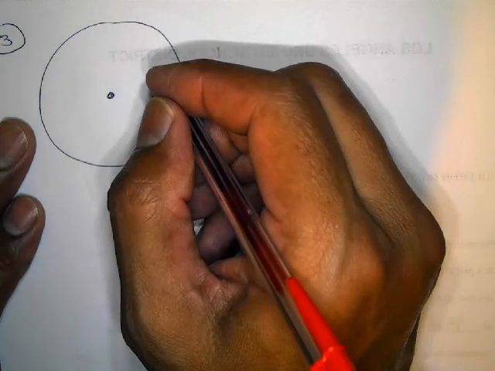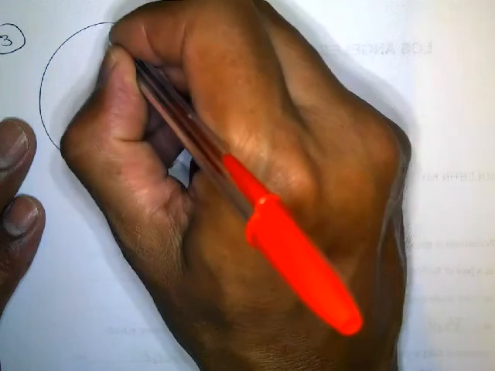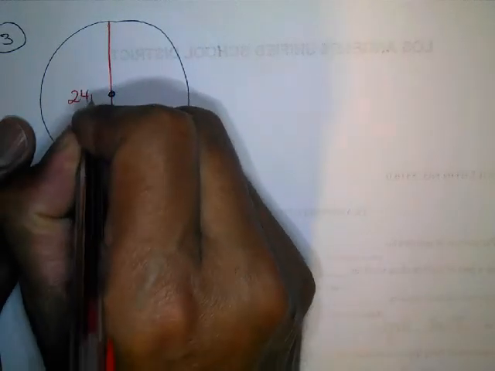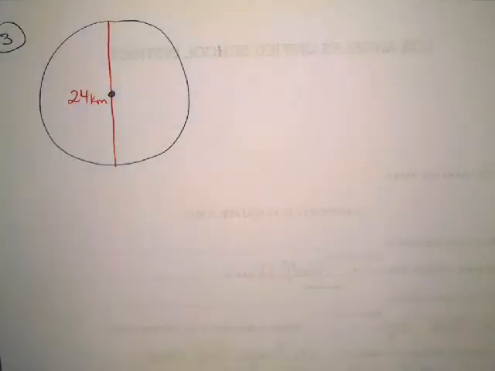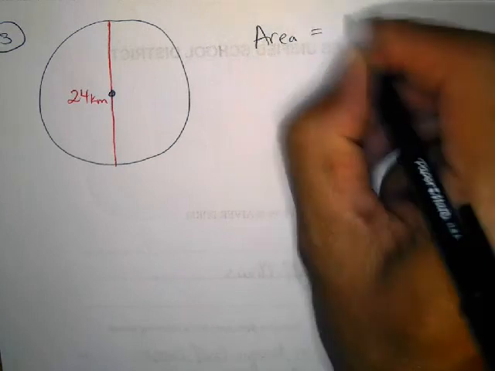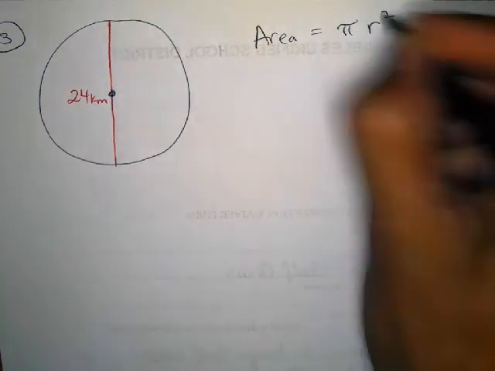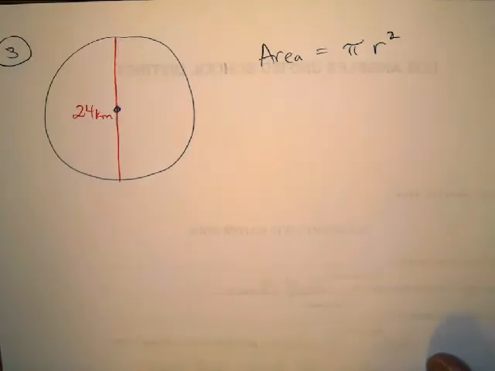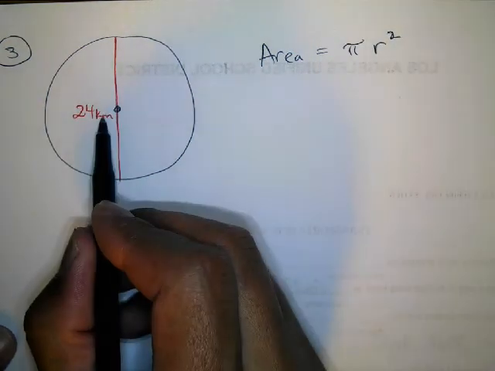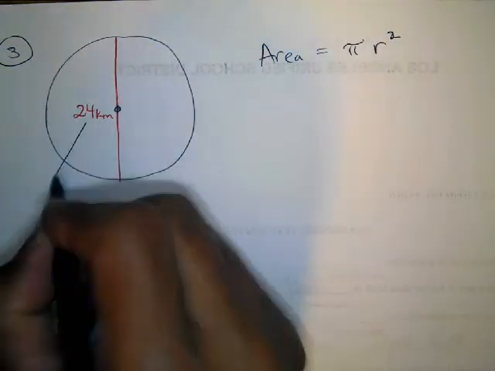Now, what if they do something like so, and they tell you that this is 24 kilometers? Okay, so my formula is area is equal to pi r squared. Easy formula. But hold your horses, don't get too excited.